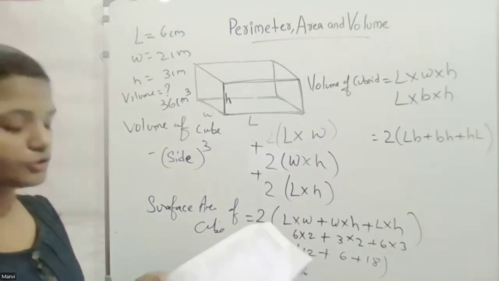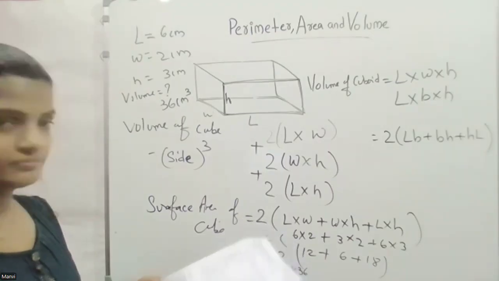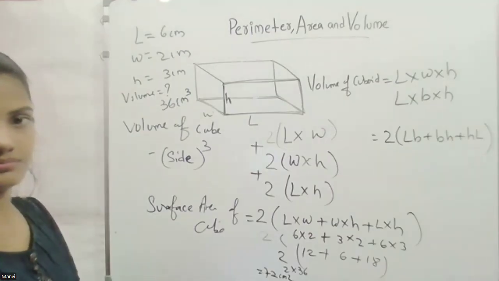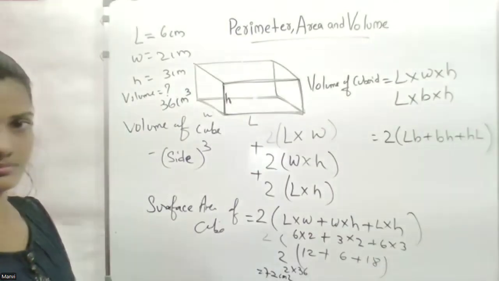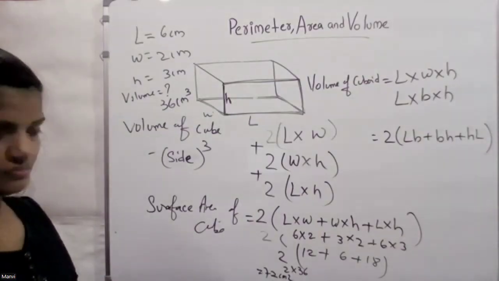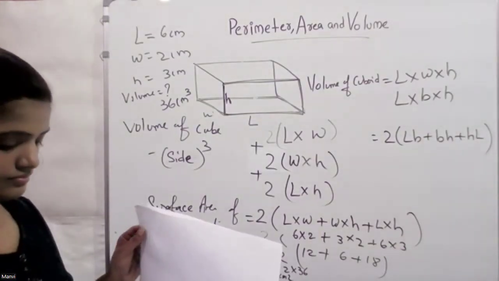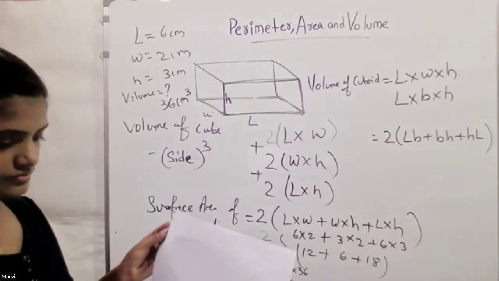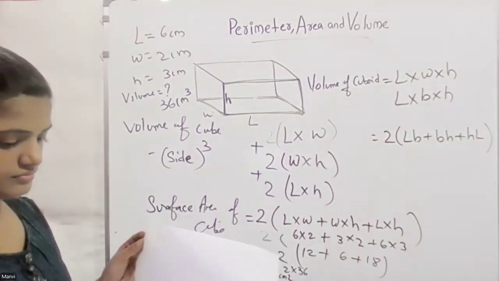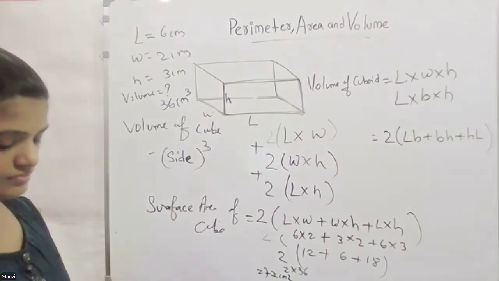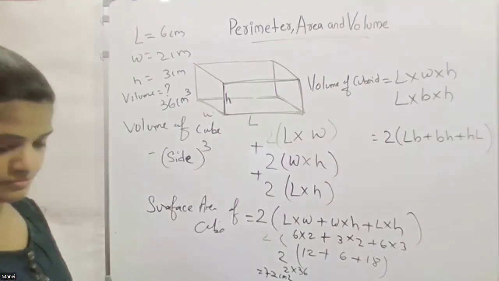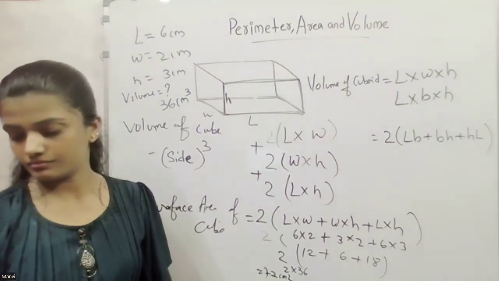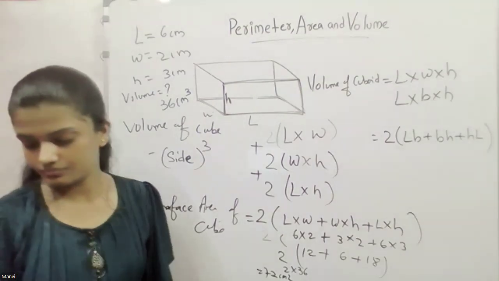Question number 9 from your sheet, on page 5. Find the surface area of a cuboid with length 5 centimeter, width 2 centimeter, and height 1 centimeter.